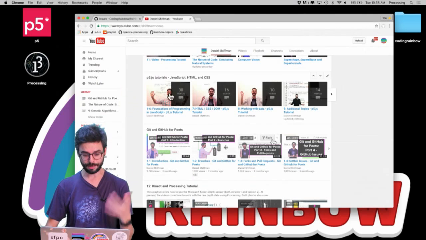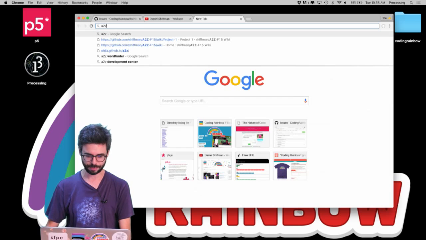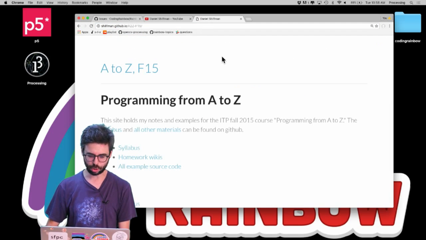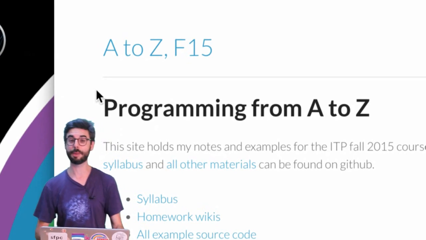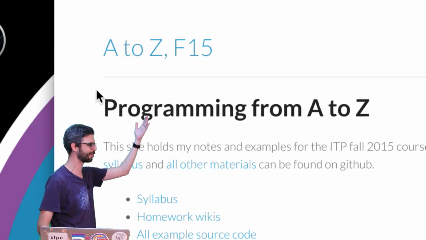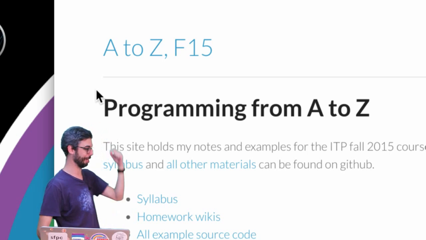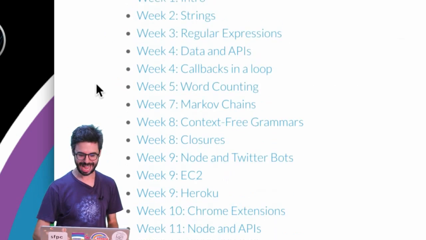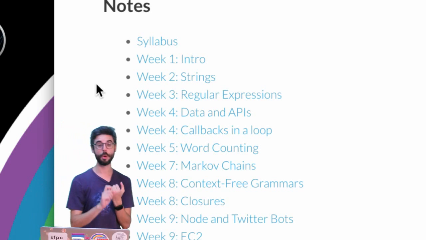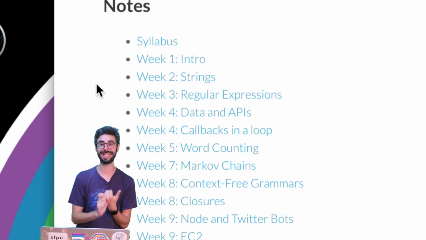However, this fall, something I will mention that I'm planning to do, shiftman.github, I teach a course at ITP, which is a master's program at New York University called Programming from A to Z. You can see this is the website for last year. There will be a new one for 2016. And this course is all about programming with text-based data in JavaScript.